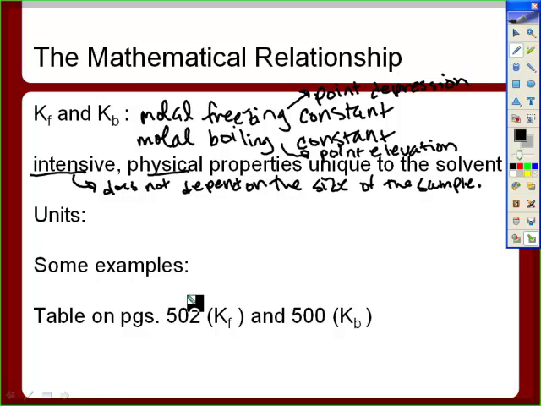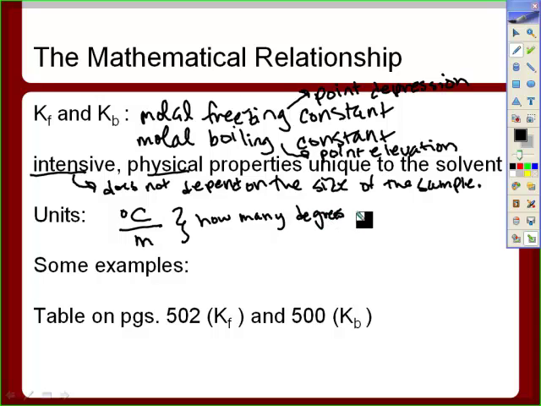The units of these constants are kind of interesting. They're in degrees C per molal. And what that does for us is a couple of things really. This unit tells us how many degrees change per 1 molal of solute.